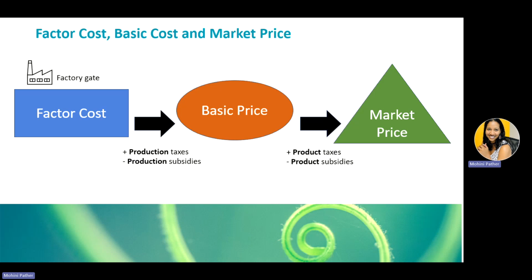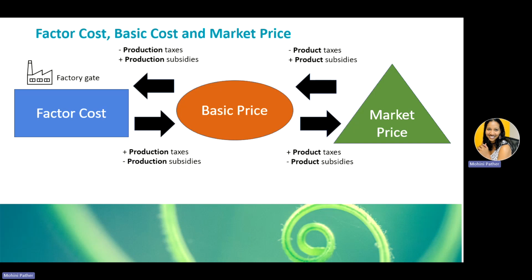So when you move to market prices, you've got to take off any subsidies, which again have contributed specifically to the product. Whenever you see production, it's going to be factor related. Whenever you see product or basic prices, it'll be product related. And of course, it works in exactly the inverse.